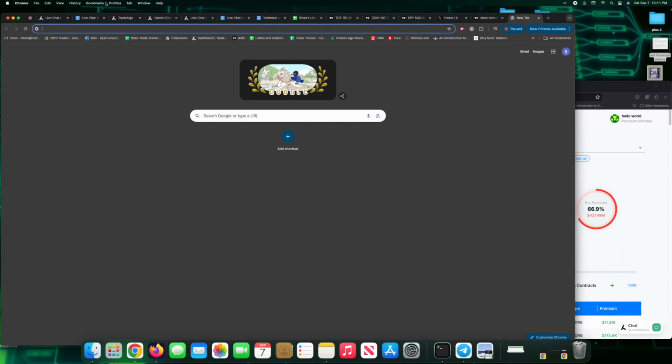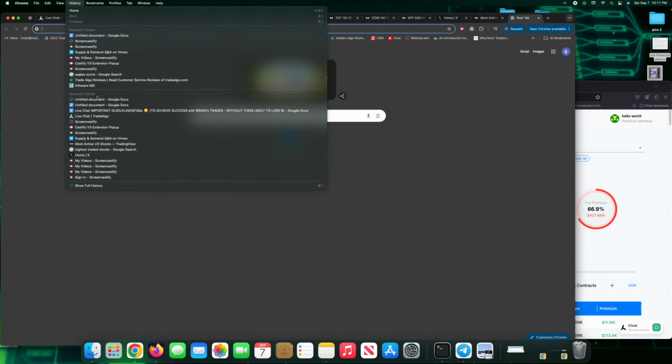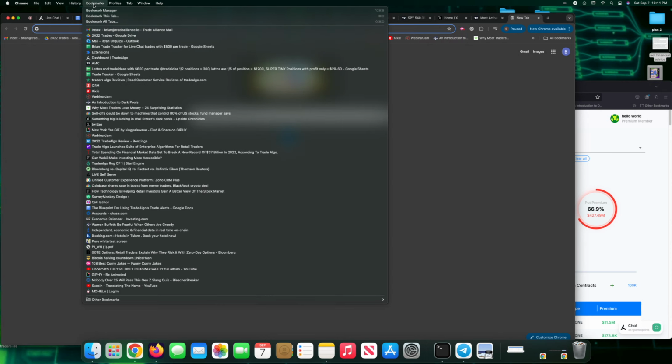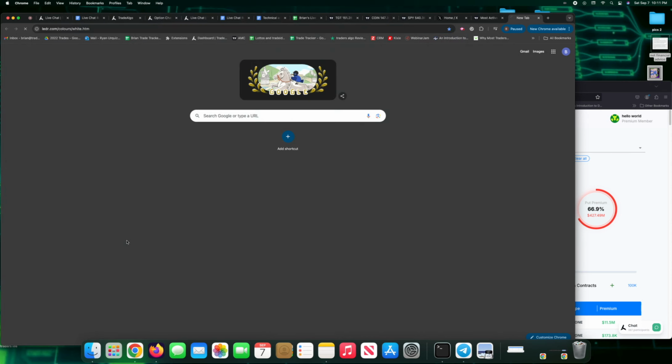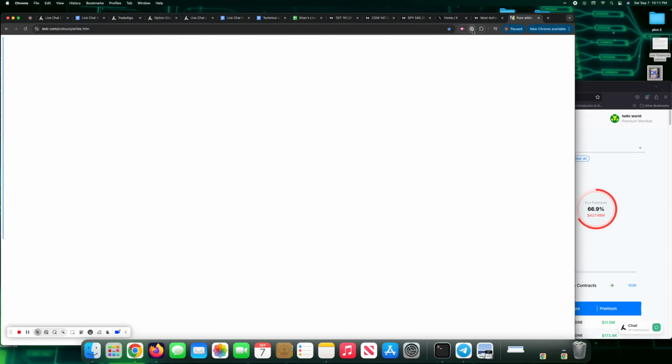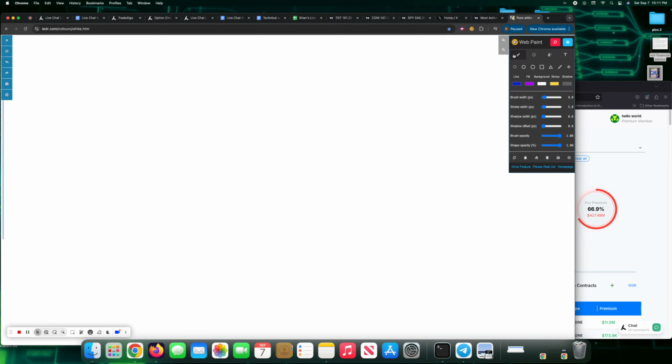So let me get out my, I'm going to try to make this as quick as possible, give you just the meat and potatoes, but I also don't want to leave out information. So supply and demand, the reason why I use it is because A, it's newbie friendly, and B, it's a high quality setup, meaning with almost certainty, since there's no such thing as a guaranteed trade in the market.